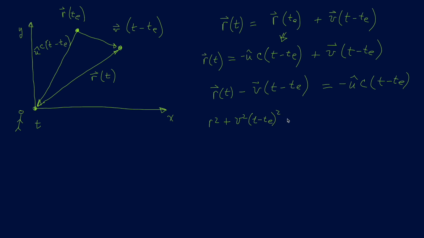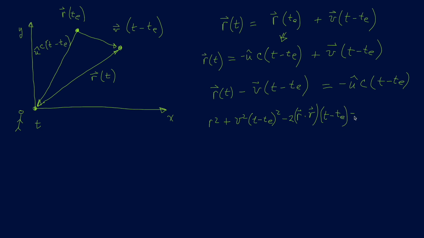But then we also get a cross term, which is minus 2 R dot V, the dot product of the radius vector with the velocity vector, that's this bit, times the propagation time T minus TE.